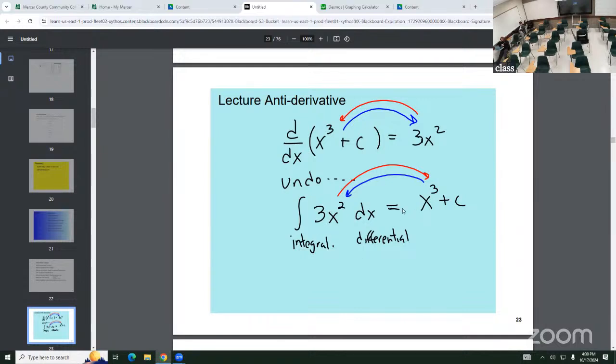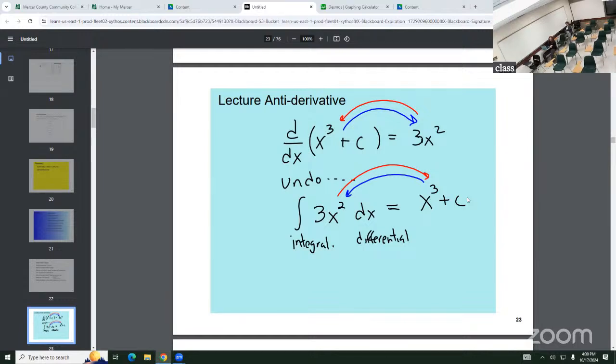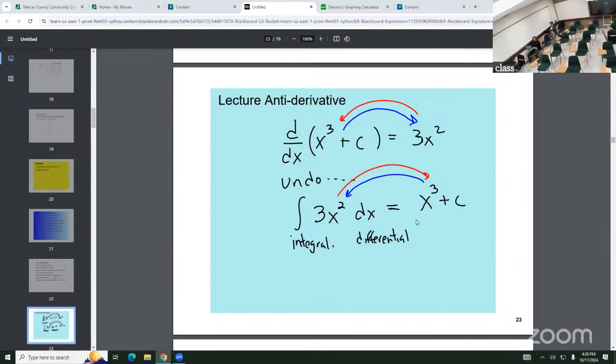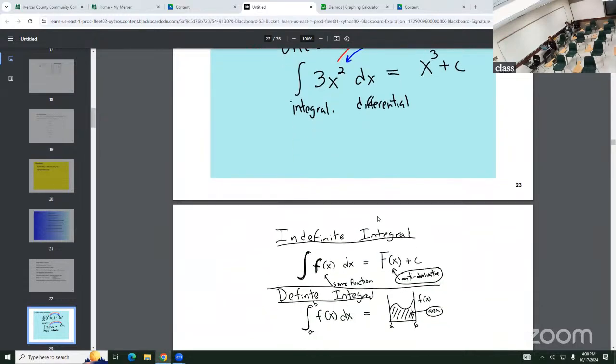So you have to understand that if you do the antiderivative of 3x squared, there might have been a constant in there that the derivative threw away. The derivative of any constant is 0, so it's not going to show up. So if you undo it, just write the plus c to let us know that there could be a constant in there. Okay? All right.